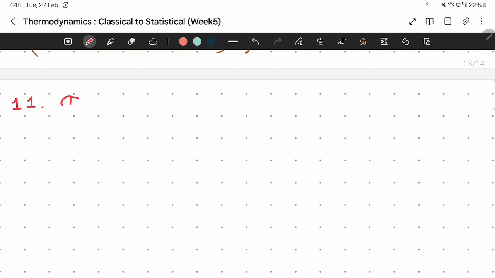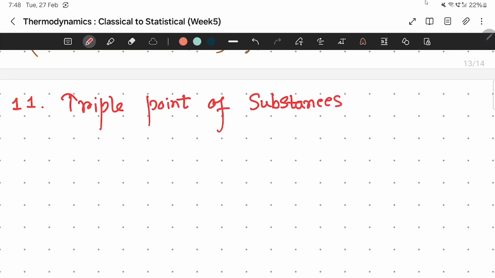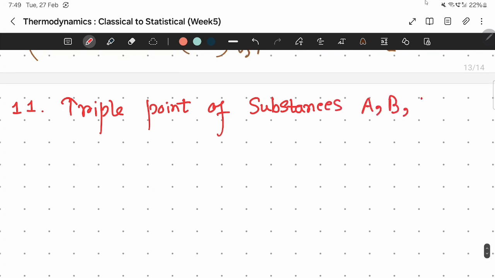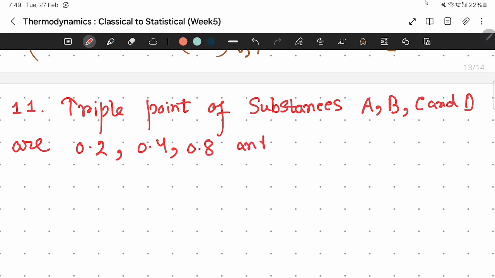Triple point of substances A, B, C, and D are. There are four substances: 0.2, 0.4, 0.8, and 1.2 bar respectively.